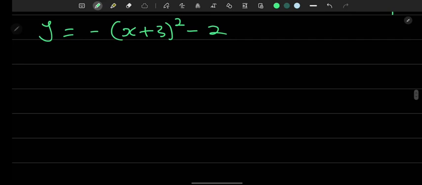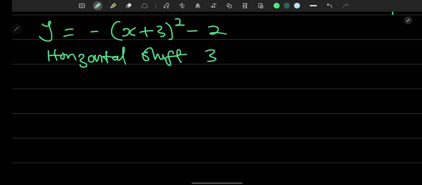When you look at this, we have a horizontal shift of 3, and because you have plus 3 here, that means 3 units to the left. And with minus 2 here, we have a vertical shift of 2, and because of minus 2, that is 2 units below the x-axis.